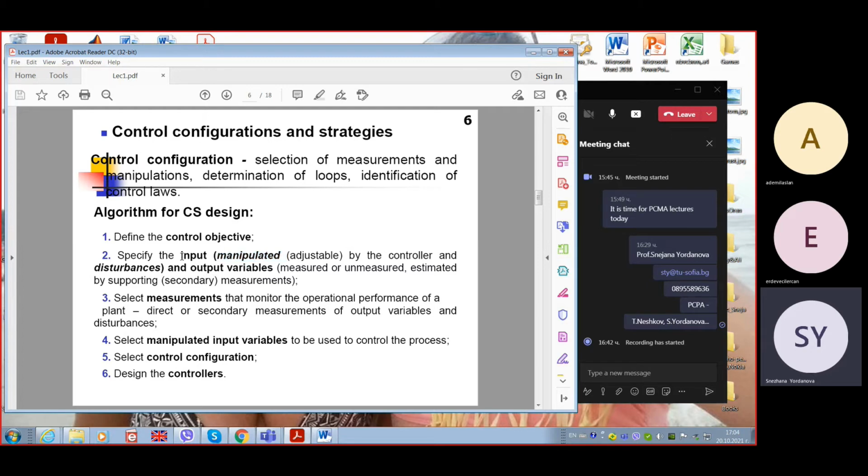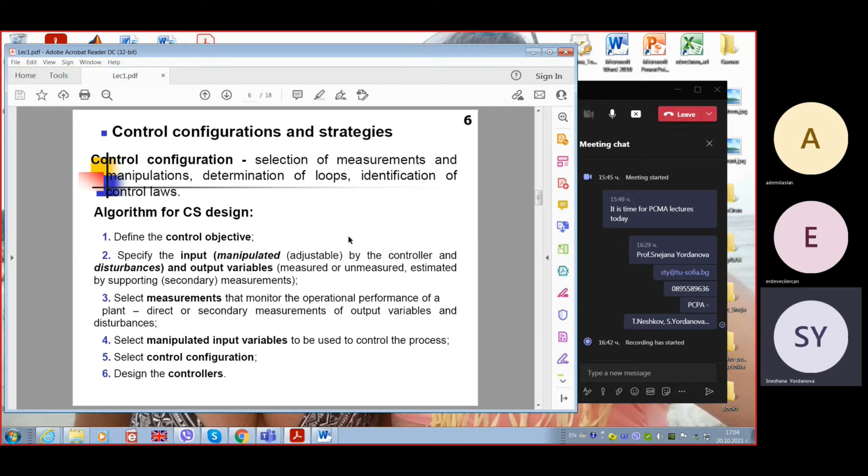So I told you input is the manipulated, but there is also another input which doesn't depend on us and it cannot be changed by some action we undertake. These are disturbances. Some of the disturbances can be measured, and this measurement can be used for their compensation.